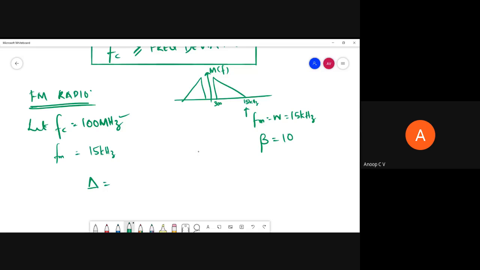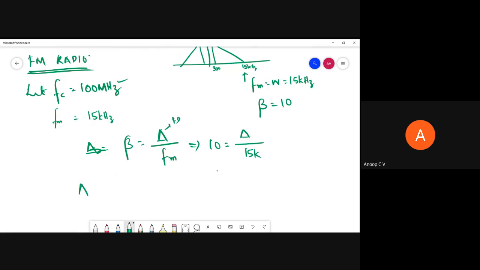We have studied that beta is equal to frequency deviation divided by FM. So 10 is equal to delta divided by 15k, which implies delta is equal to 10 into 15k. It is equal to what?